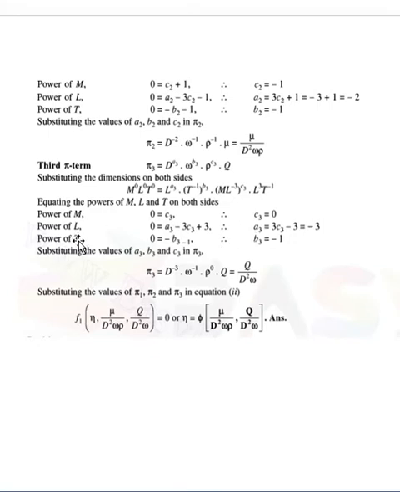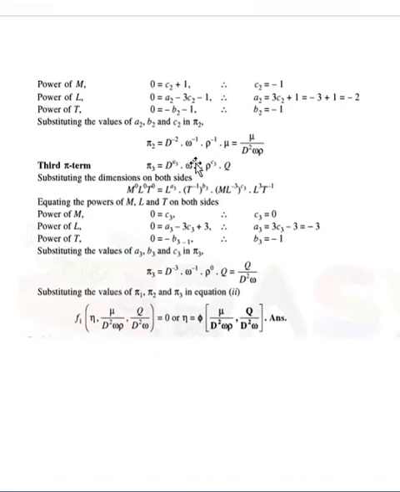Then power of T: left hand side T to the power 0, and right hand side T to the power minus 1 therefore minus b3, and here T to the power minus 1 means minus 1, therefore b3 is equal to minus 1. Then substitute the values of a3, b3 and c3 in the pi term: pi 3 is equal to d to the power a3, w to the power b3, rho to the power c3.